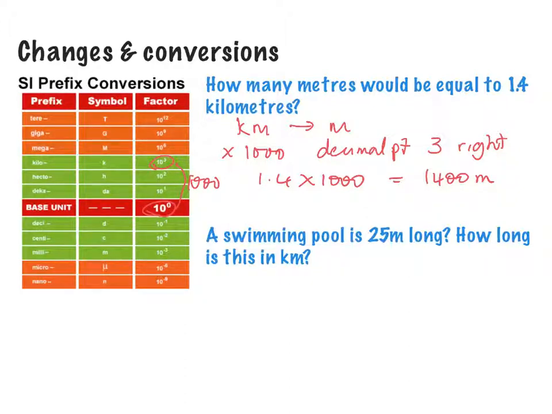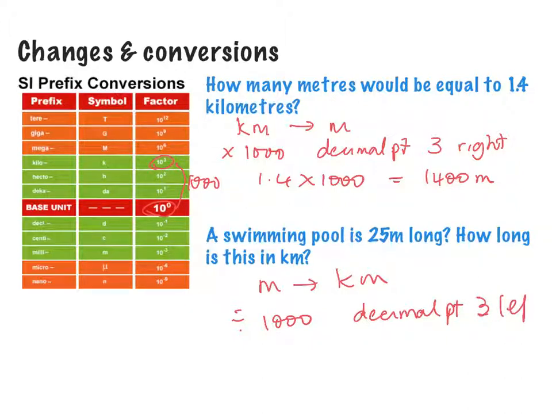I hope this is making some sense. Now, doing the reverse conversion, I'm going to go from metres to kilometres. If we multiply coming from kilometres to metres, we divide by the same factor, which is 1000. So that means my decimal point goes 3 left.